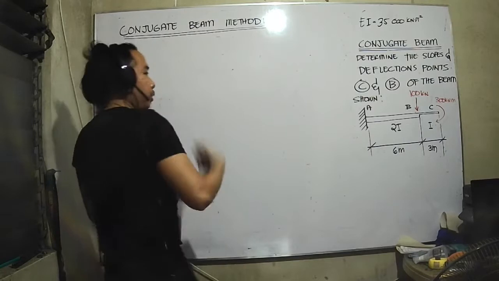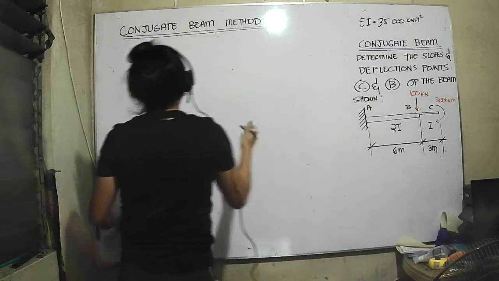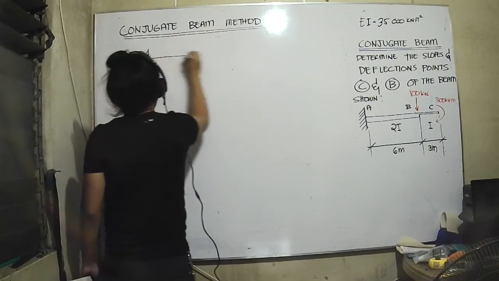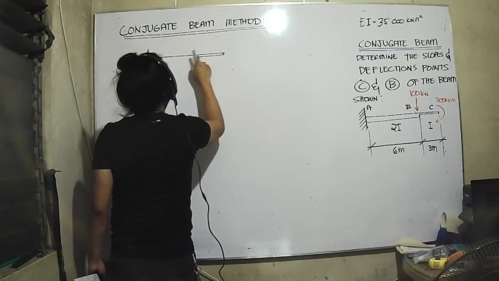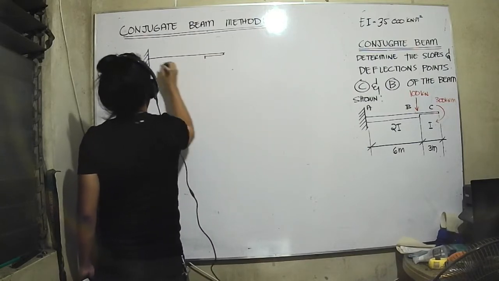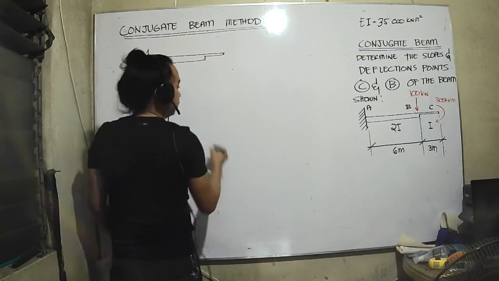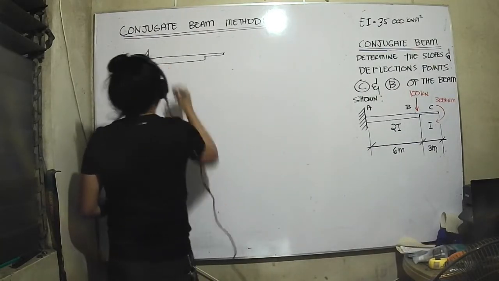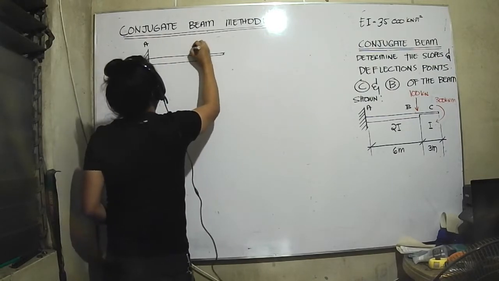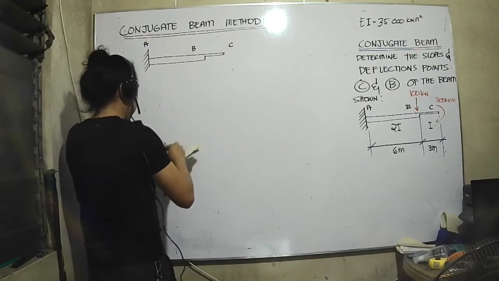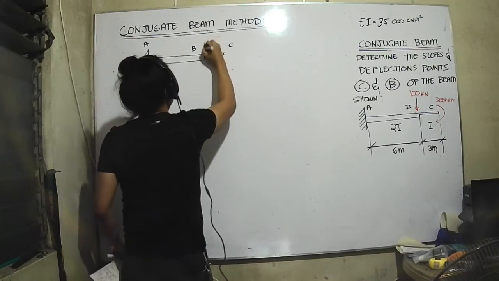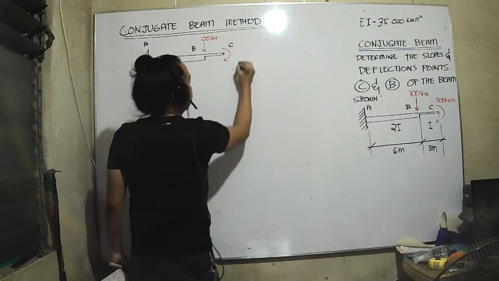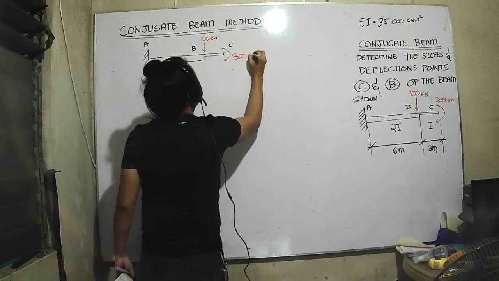Okay, so much for that. Let's try drawing the moment diagram. Here is the beam with points A, B, and C. This is 100 kilonewtons, and this is 300 kilonewton meters.